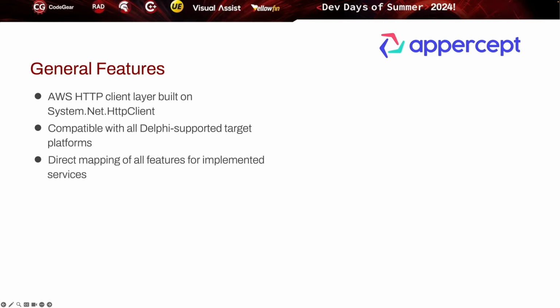We provide direct mappings of all features for implemented services. So all of the services that we have implemented are, when we deliver them, feature complete. Obviously, AWS is a moving target. They add new features from time to time.